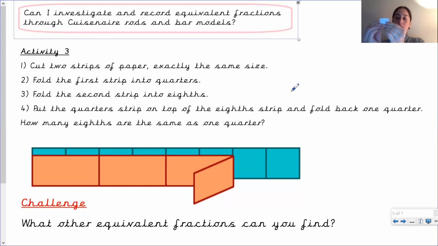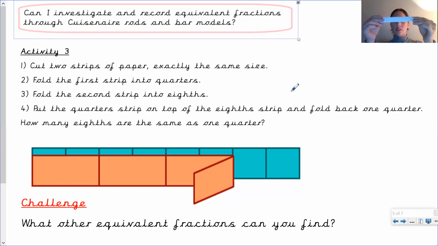To get 8ths, you have to halve it 1 more time. So you halve it again, and then you halve it again. And then you open it up, and you will see that you have got 1, 2, 3, 4, 5, 6, 7, 8 parts.